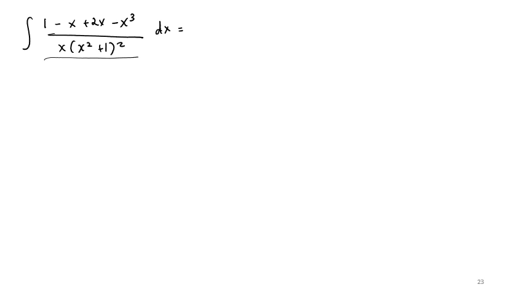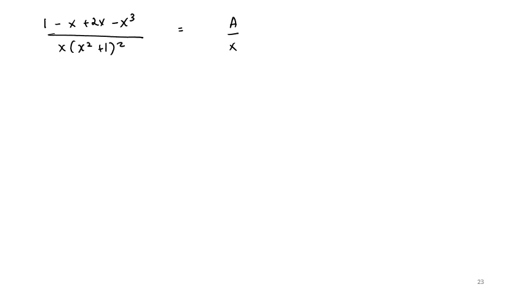So in this case, we want to convert the original given fraction into simpler ones. So you know that you can convert this into A over x. I'm just going to remove all these integral terms first.